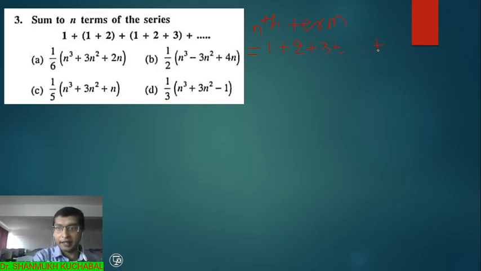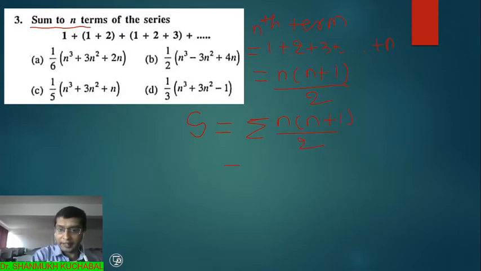There are n number of terms here. We have just studied that the sum of 1 to n terms is n into n plus 1 divided by 2. Now we need to calculate the sum. So the sum, we can take a symbolic representation S or Sn, equal to the summation of n into n plus 1 divided by 2.